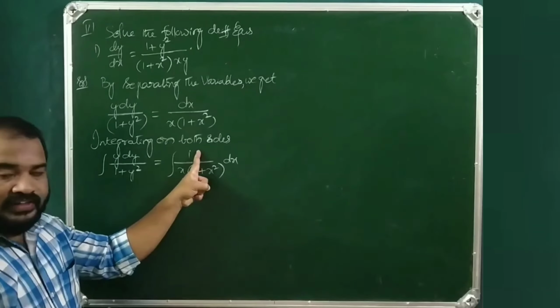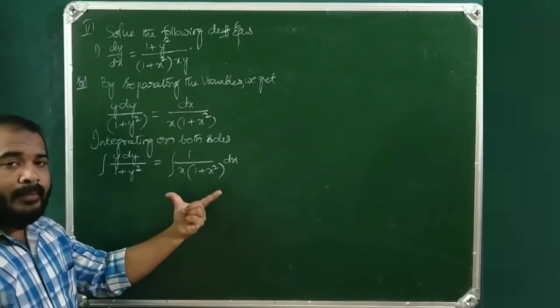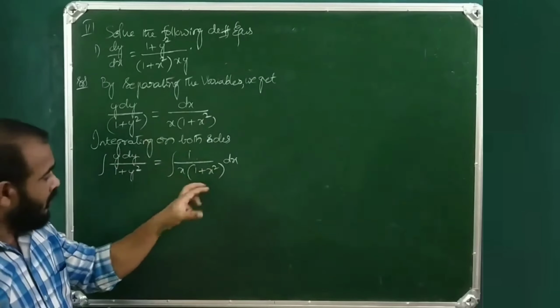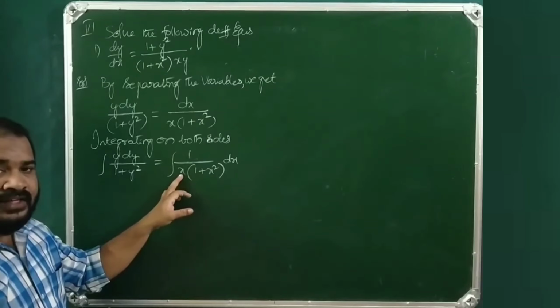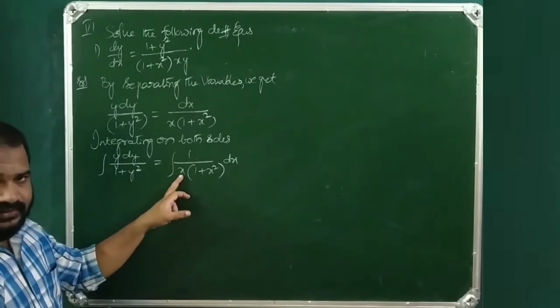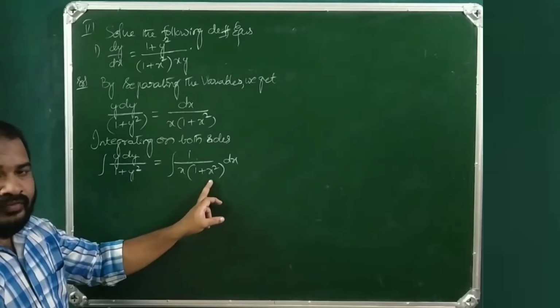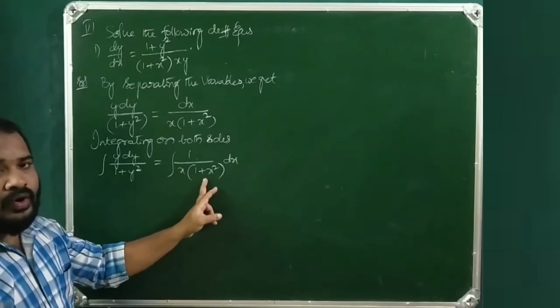So the degree of f of x is less than the degree of g of x. Therefore, this is a proper fraction. For a proper fraction, type number 1: the denominator contains the linear factor x, which is of the form ax plus b, and this contains the third type, that is an irreducible quadratic factor.